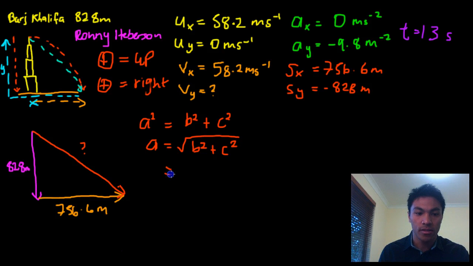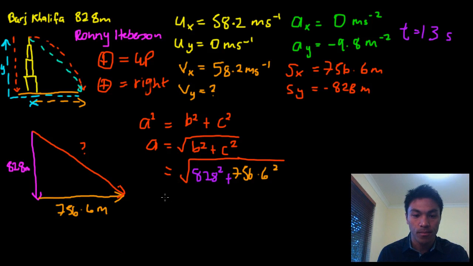So in this particular example, we have, in red, the square root of 828, which is in purple, 828 squared plus c squared, which is 756.6 squared.